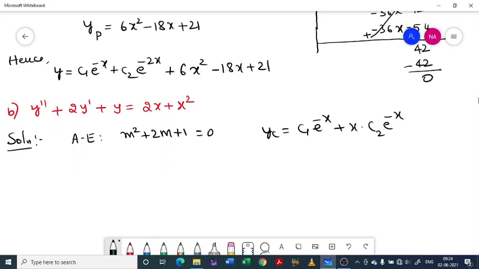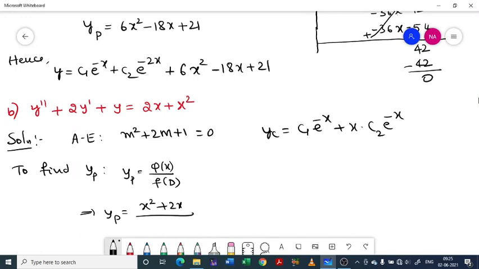Right? Yp. To find yp, yp equal to phi of x divided by f of d. So you get yp to be x square plus 2x divided by 1 plus 2d plus d square, right?